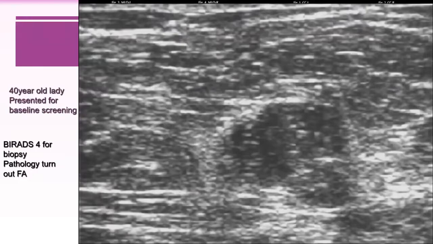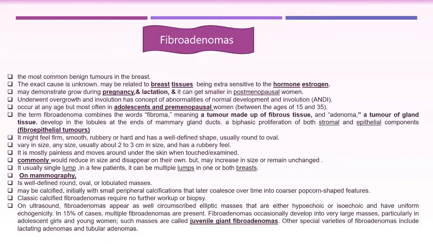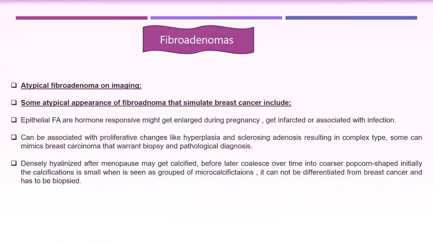So sometimes fibroadenomas, though typically benign lesions and just for follow-up, can in certain situations be atypical. When it is atypical, we have to recommend biopsy. Epithelial fibroadenoma usually is hormone responsive, especially in a pregnant lady, and might get infarcted or infected. Fibroadenoma can also be associated with proliferative changes like hyperplasia or sclerosing adenosis, resulting in a complex type.